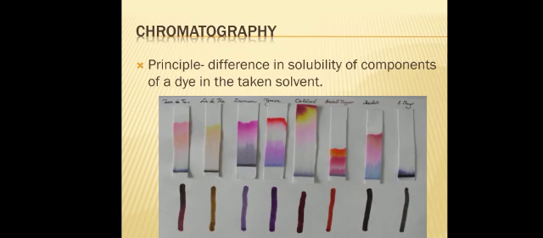Since the components present in the dye have different solubility in the solvent, they rise up to different levels on the chromatographic paper, and then the distance travelled can be calculated by the Rf value.